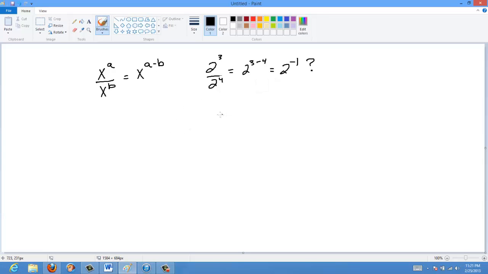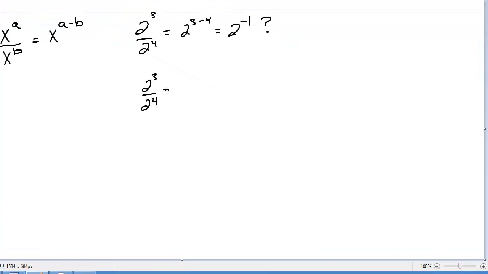Well, what it means is that we'd have 2 to the 3 divided by 2 to the 4, which is equal to 2 times 2 times 2, all divided by 2 times 2 times 2 times 2.